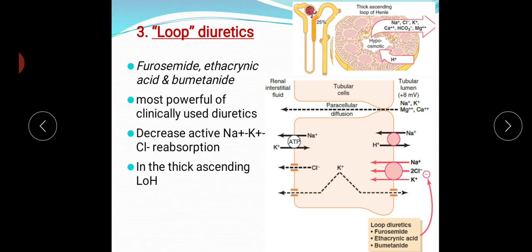But because of this loop diuretic action, the solute will not be reabsorbed, so this portion will provide more solute with the water to the distal tubules, and that will secondarily prevent the water reabsorption. So these are the loop diuretics that act at the thick ascending limb of the loop of Henle.